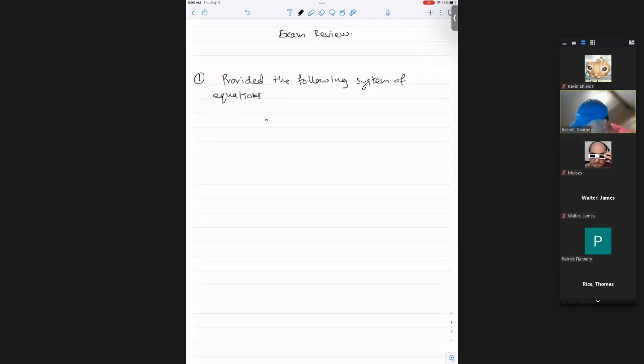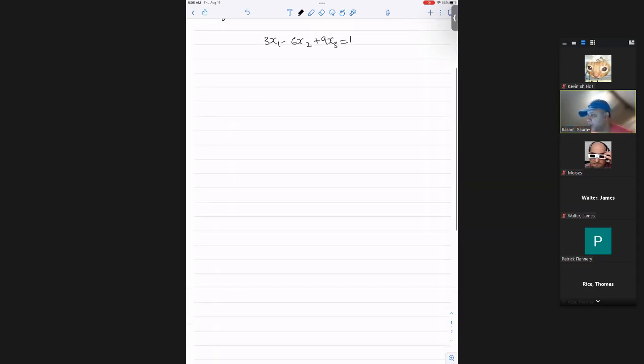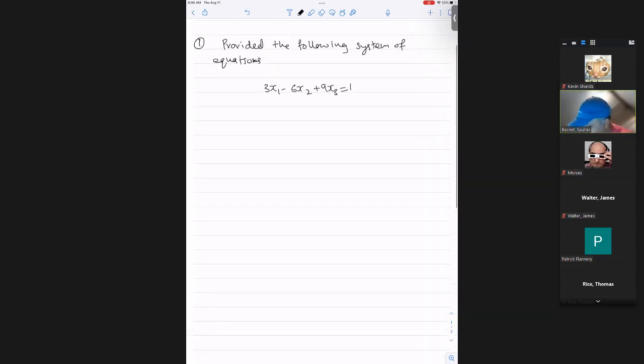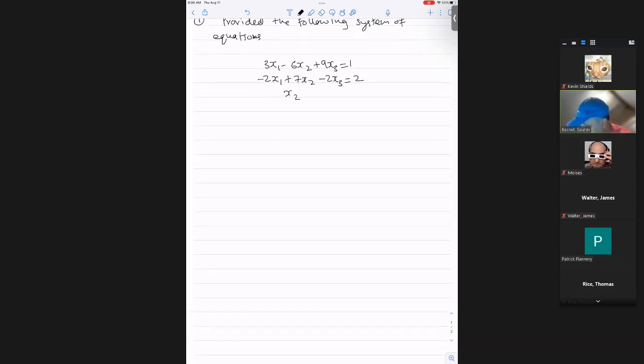Suppose the equation is 3x1 minus 6x2 plus 9x3 equals 1, minus 2x1 plus 7x2 minus 2x3 equals 2, and x2 plus 5x3 equals 3.